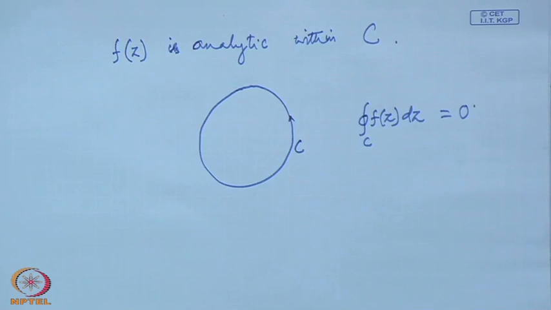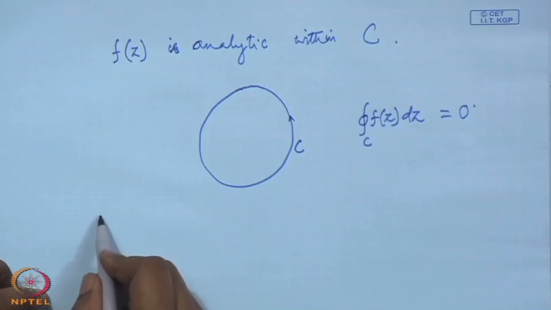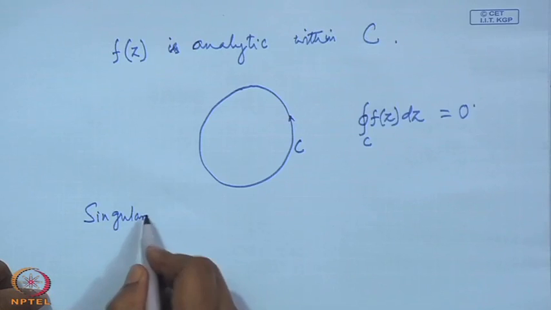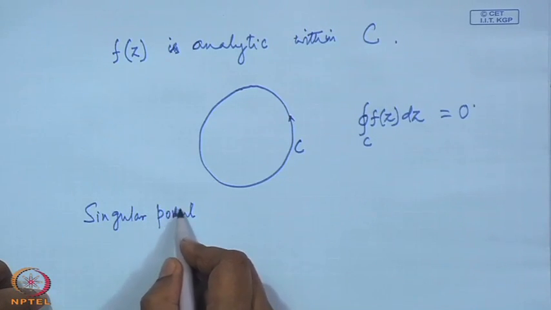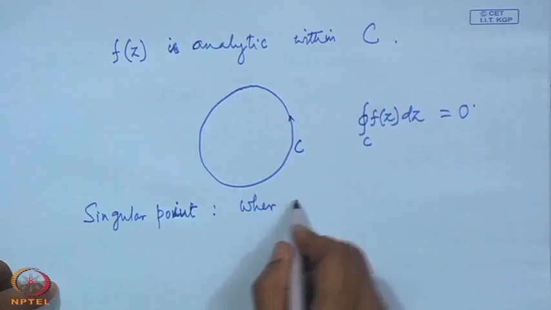Now let us say we have a function which is analytic everywhere except at certain points. At a few points it is singular. Then what will be this integration? First of all, remember the singular point. Singular point is where the function ceases to be analytic.